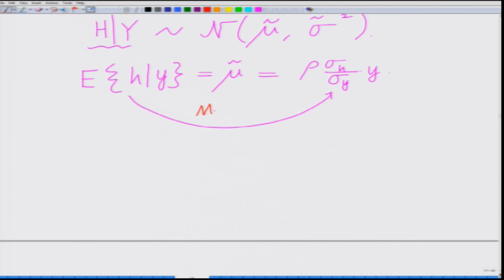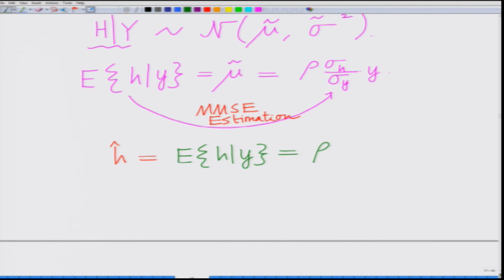So, let us also write that down clearly. It requires some manipulation, but the end result is very simple and clear. So, this says that the MMSE estimate h hat equals expected value of h given y equals rho sigma_h divided by sigma_y times y.